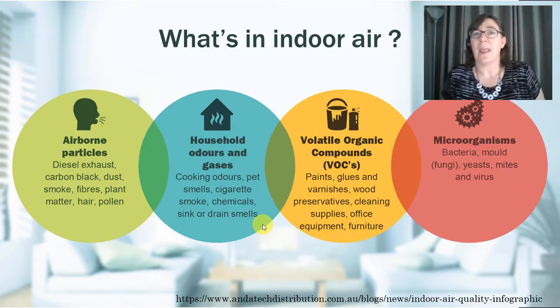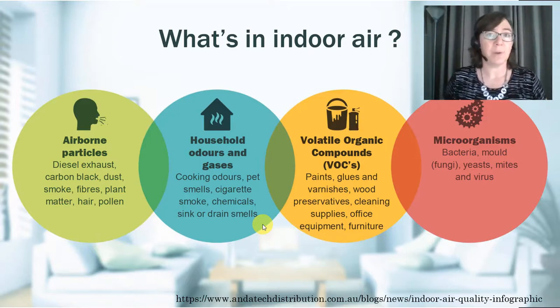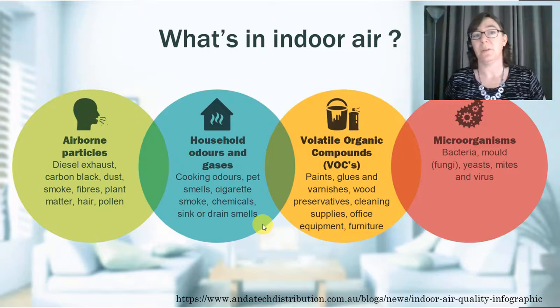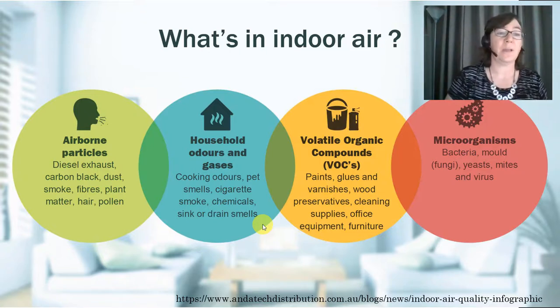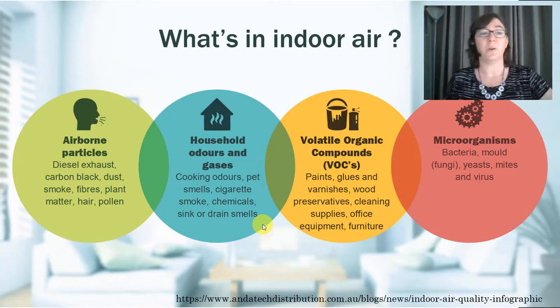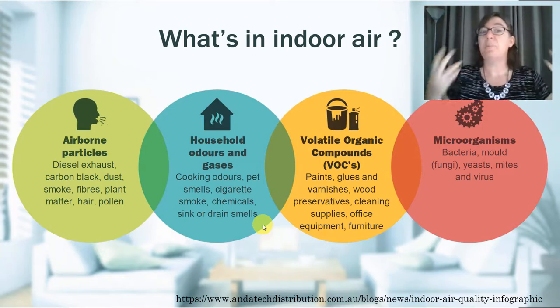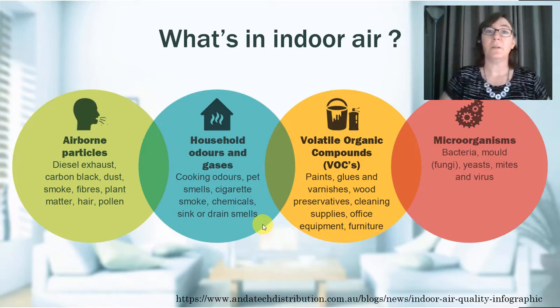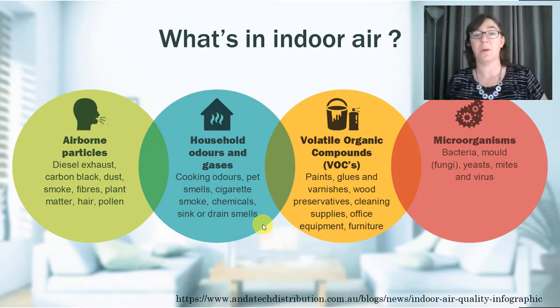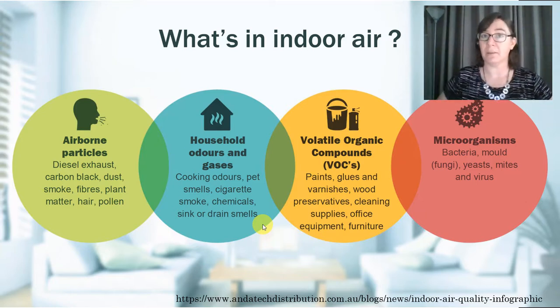What is it in indoor air that's causing us problems? What are these different pollutants? Well, there are airborne particles such as exhaust, dust, smoke, hair, pollen, pet dander. There's also household odors and gases such as cooking odors, pet smells, cigarette smoke, chemical smells, sink and drain smells.